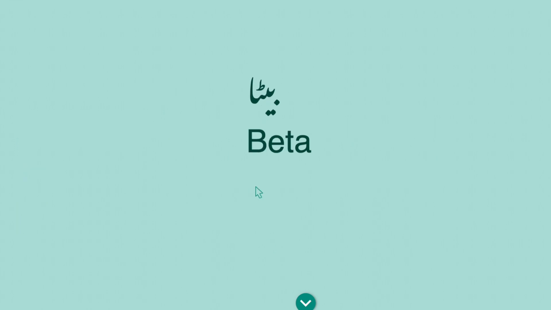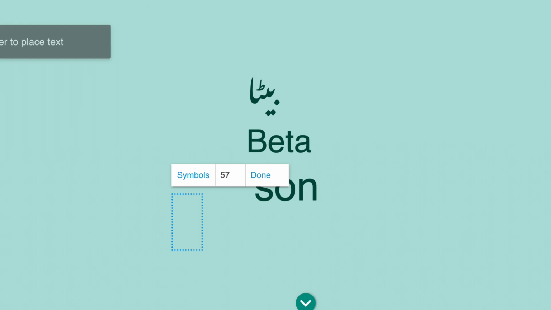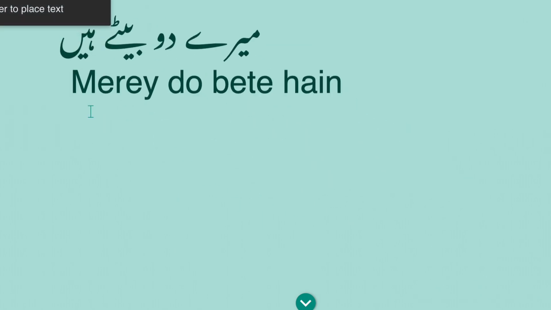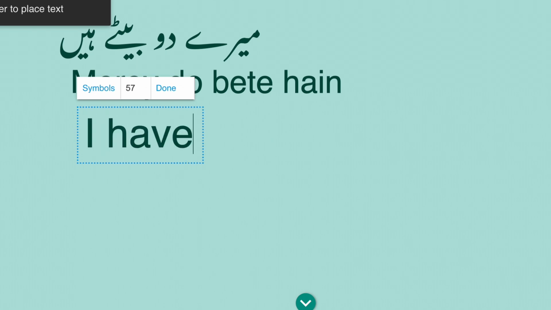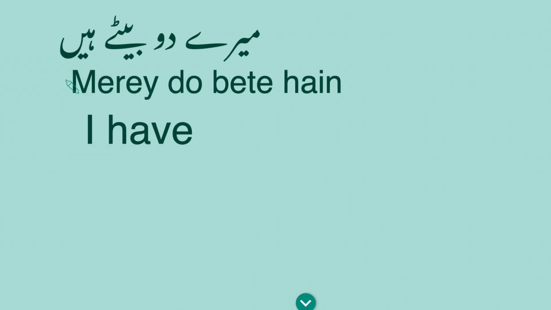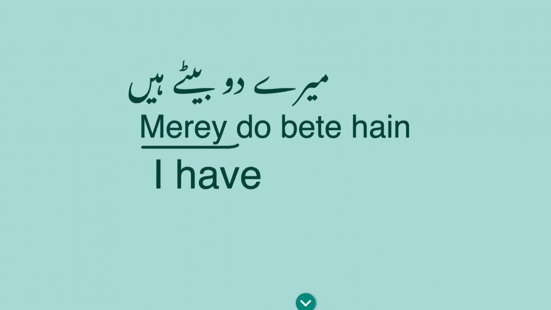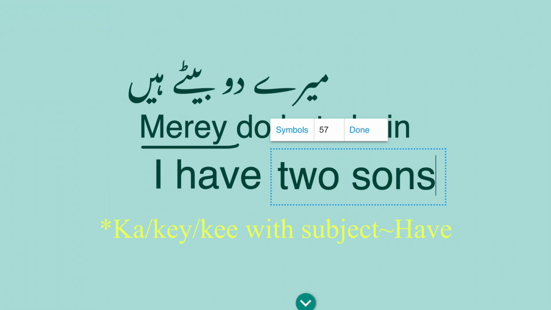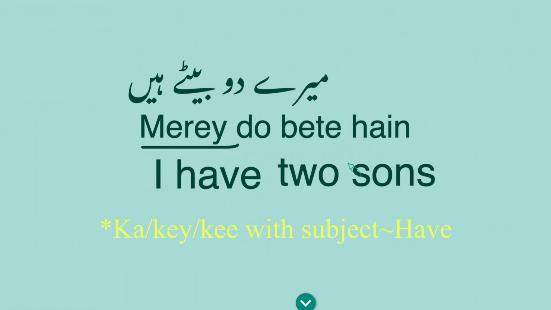The next one is beta. बेटा is son. मेरे दो बेटे हैं. मेरे means I have here. The possessive adjectives are also used to express have and has. So therefore here it means I have.